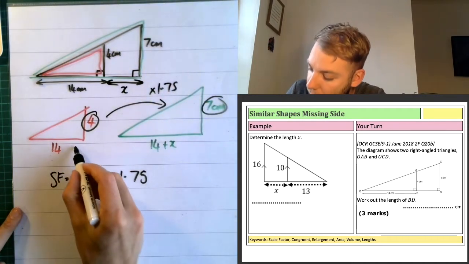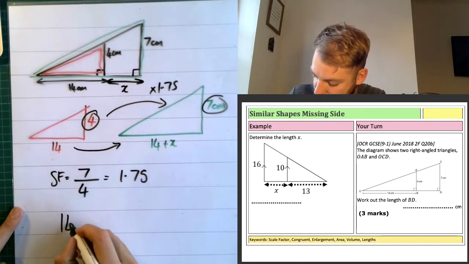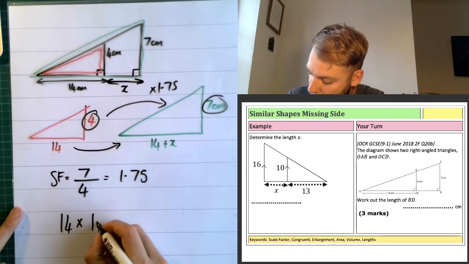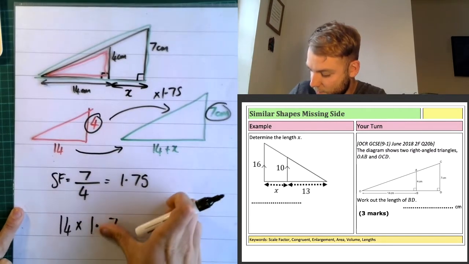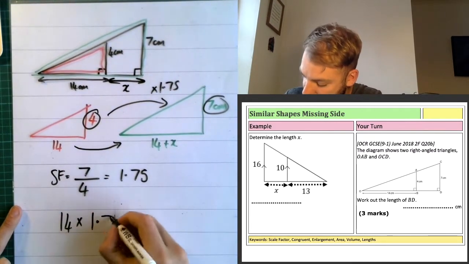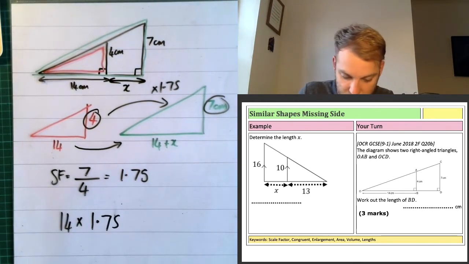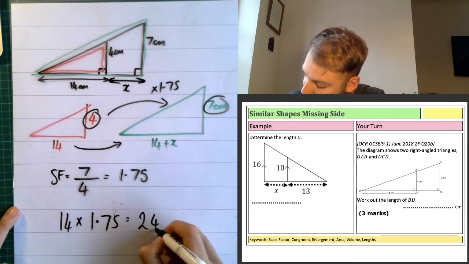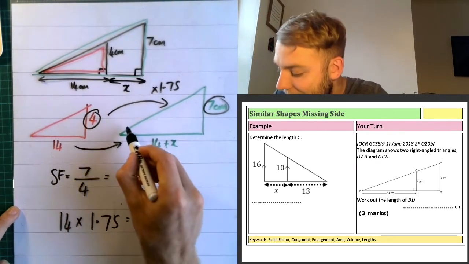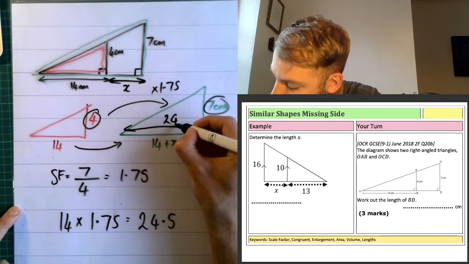So if I want to work out this length here, I do 14 times by 1.75, which is equal to 24.5. But remember, it's this full length here, which is 24.5.